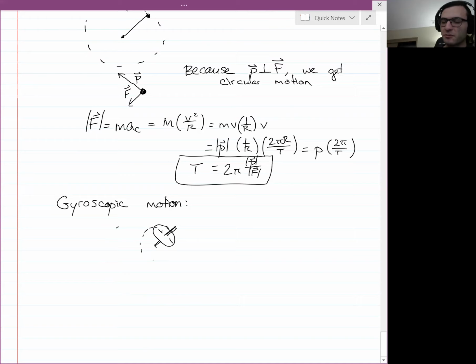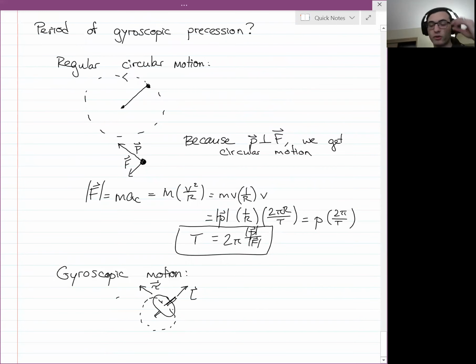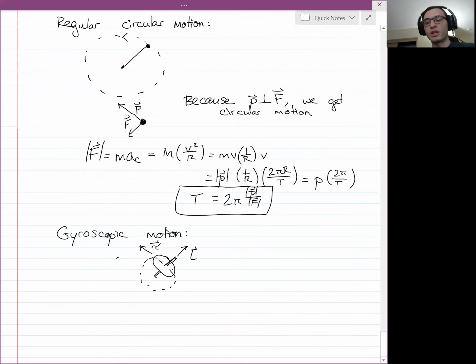So it's like this. In this case, L points this way, and the torque also points that way, very similar to the momentum and force understanding that we had of circular motion.